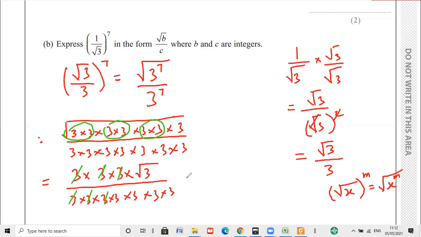So now we are left with just square root 3 on the top. And in the bottom, I've got 3 times 3, which is 9, and 9 times 3 is 27, and 27 times 3 is 81. So that is my final answer, which means if I compare this with square root of b over c, b must be 3, and c must be 81.